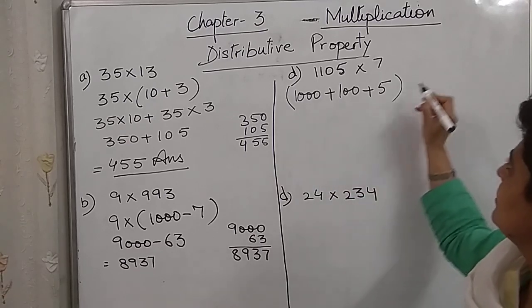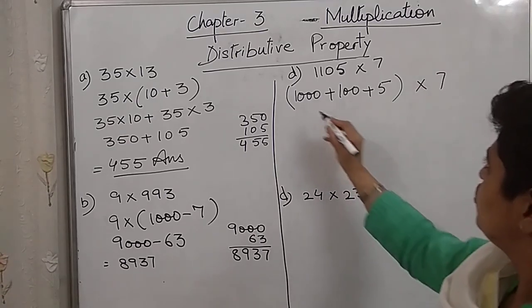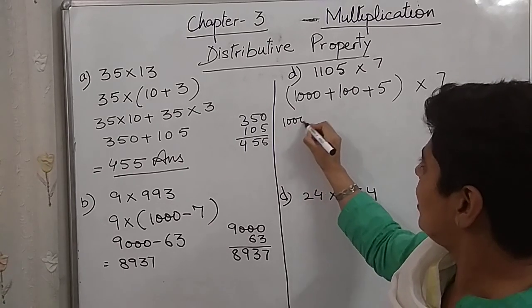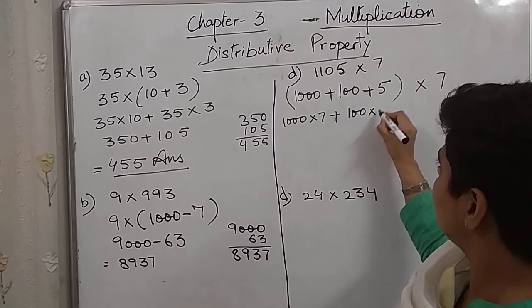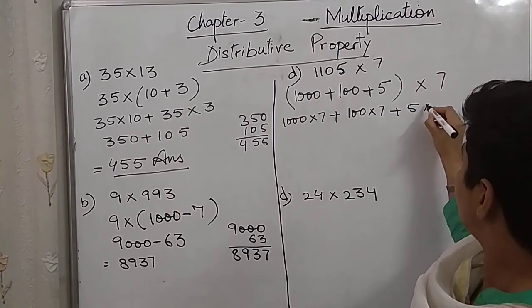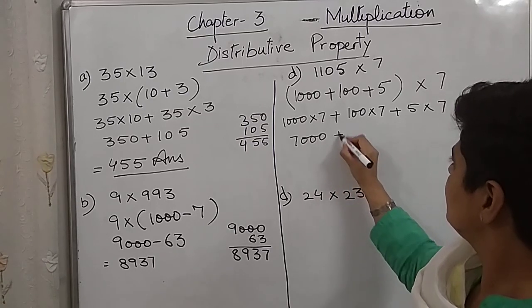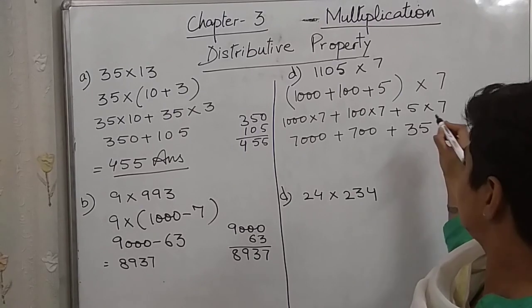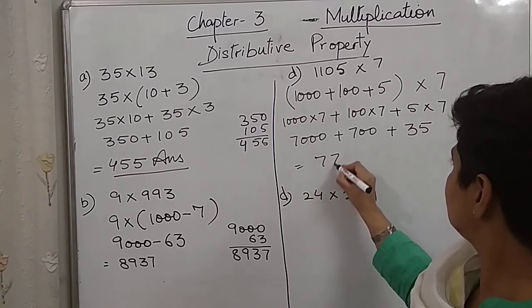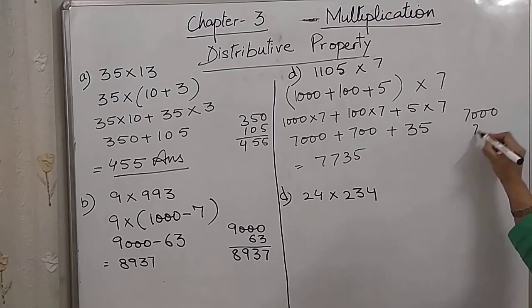A bracket multiply by 7. So 7 should be multiplied with 1000, 7 should be multiplied with 100 and 5 as well. This becomes 7000 plus 700 plus 35. It can be directly written also, or you can add it and see.